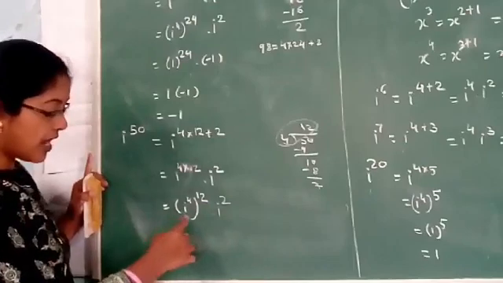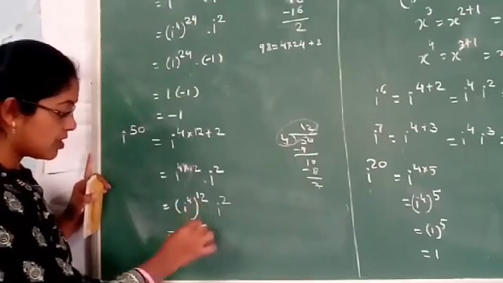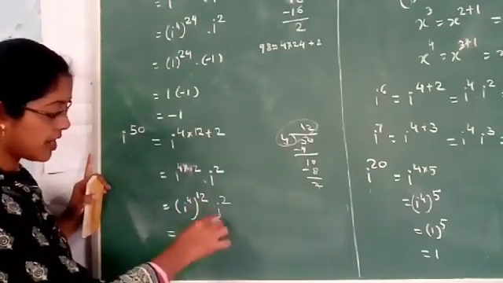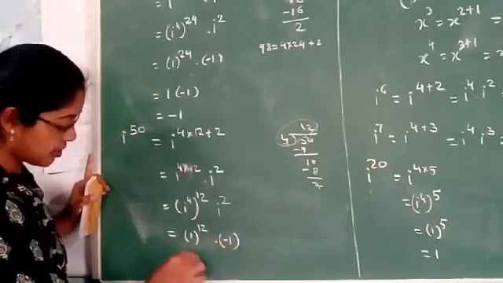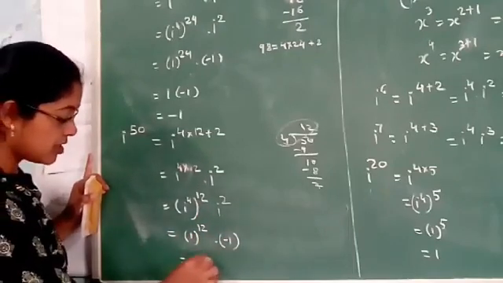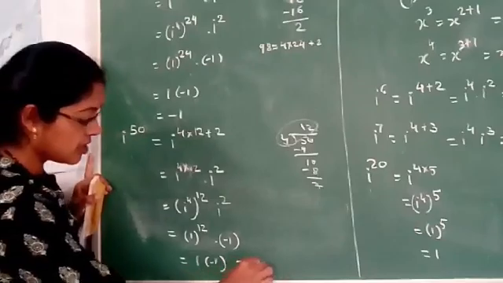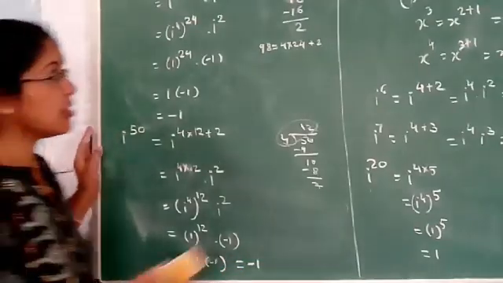The values here: i raised to 4 is 1, this is raised to 12, into i square, which is minus 1. 1 raised to 12 is 1 and this is minus 1. So the answer is minus 1.